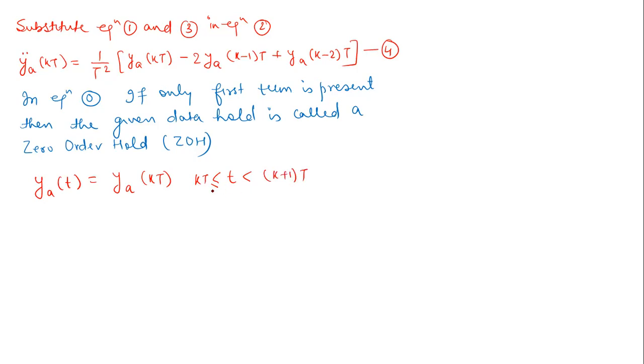So that means t lies between the two successive samples here. So t in this case will be equal to 1. So y a t is equal to y a k, right?